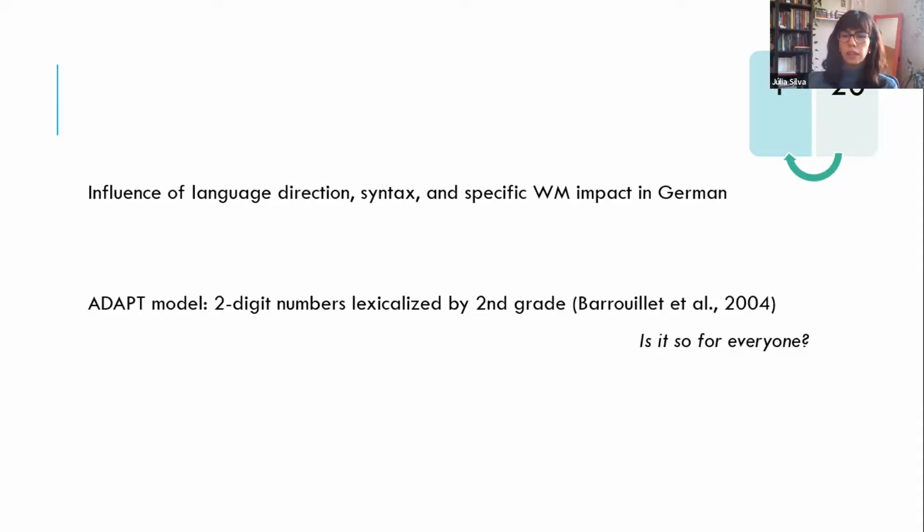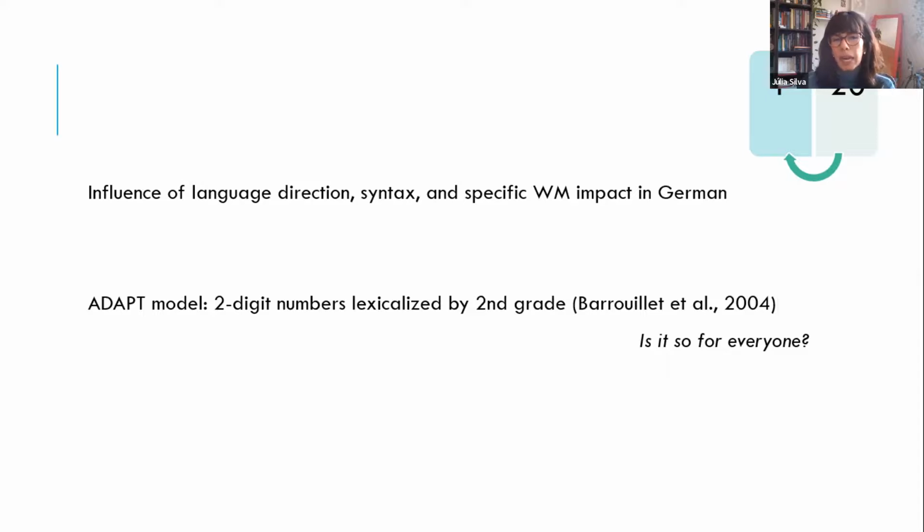Also, Dotan mentioned in his talk this interplay of syntax and working memory, because it might be the case that the more syntactically complex numbers would require more working memory, especially because usually the more syntactically complex numbers tend to have a higher number of syllables, so we might pose a cognitive overload in working memory.